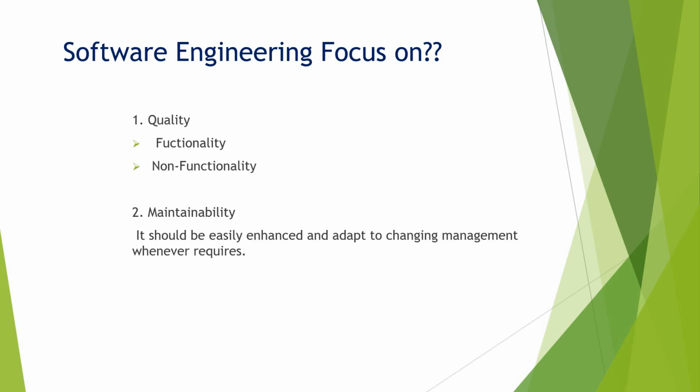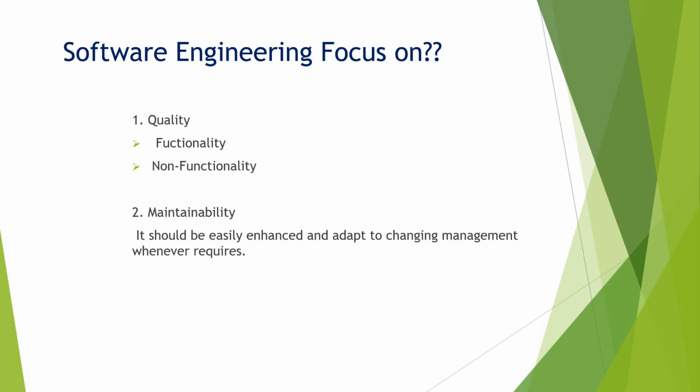Next thing is, software engineering is focused on quality and maintainability. When we improve the quality and when we improve the maintainability. Quality basically defines functionality and non-functionality. Functionality means the degree to which correct software is produced, and non-functionality means features other than the function of a software, like robustness.